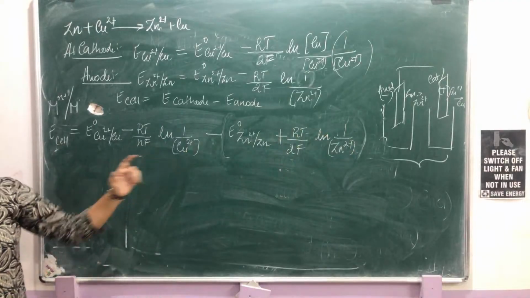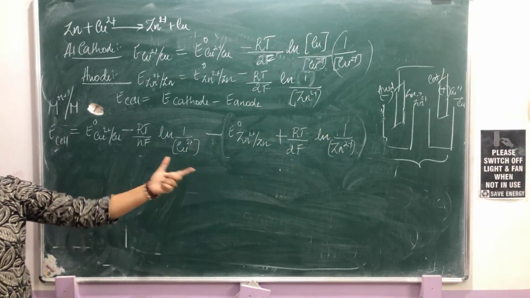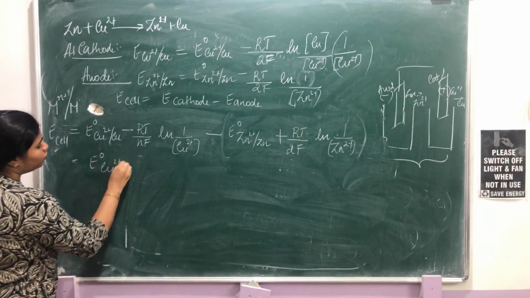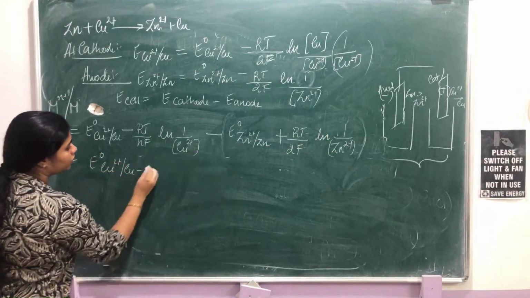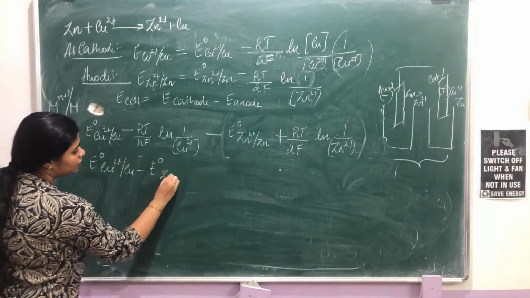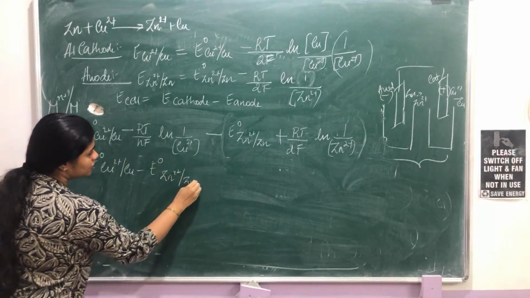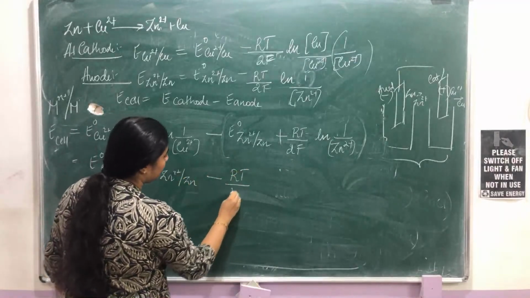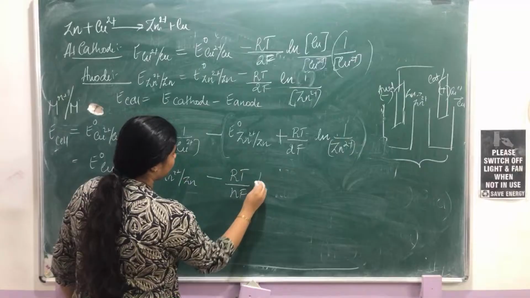Now, can we club similar terms together? Which are the similar terms here? E naught Cu2+ bar Cu. Can I bring this one here? It will become E naught Zn2+ bar Zn. Next, minus of RT divided by nF. Now I close the bracket. Check here.